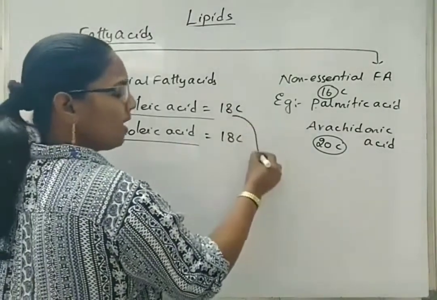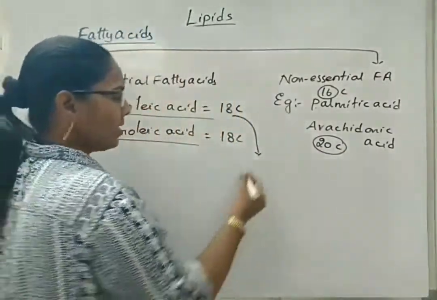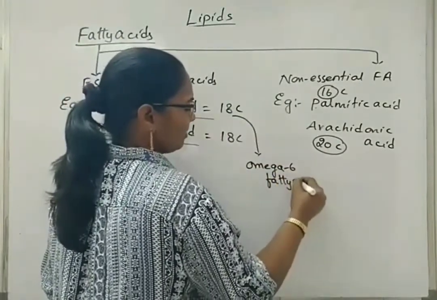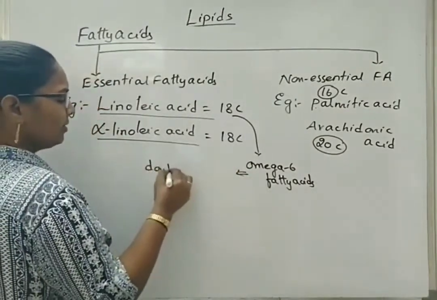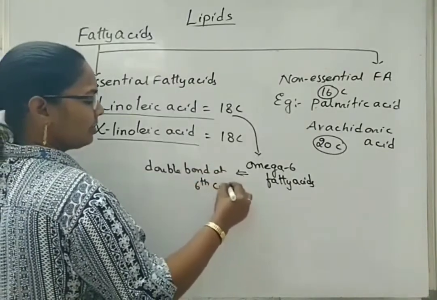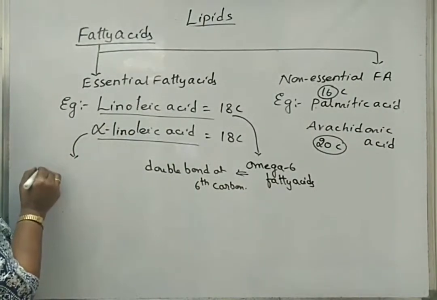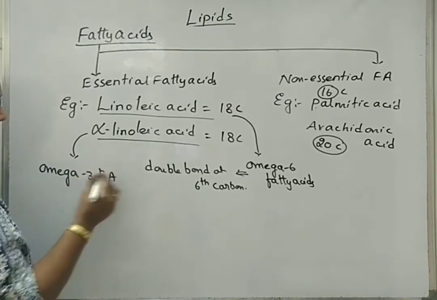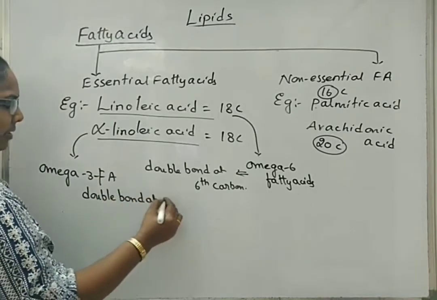Means they have a double bond at the 6th carbon, so they are considered omega-6 fatty acids. Next, alpha linoleic acid. It is also called an omega-3 fatty acid. Means it has a double bond at the third carbon.